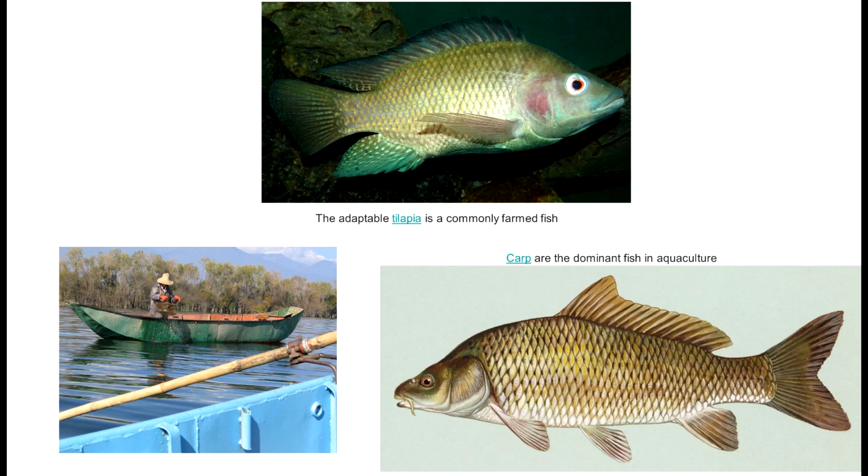In the bottom left-hand picture it's a picture from Yunnan province in China of a fisherman starting to harvest freshwater shrimp, which is a valuable crop, especially since here in North America, a lot of our shrimp comes from the Gulf of Mexico, which is heavily polluted water.